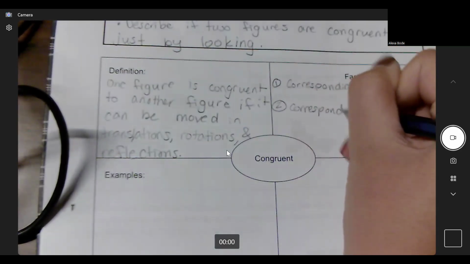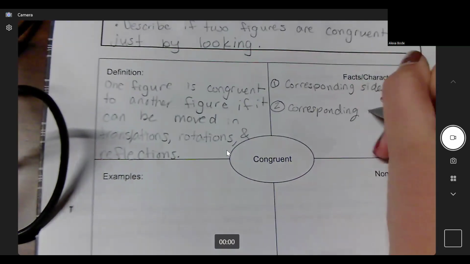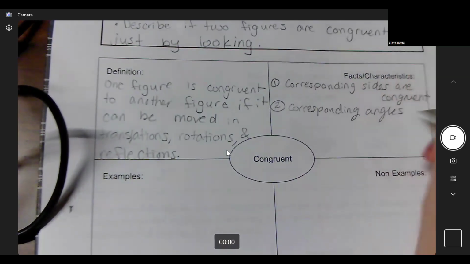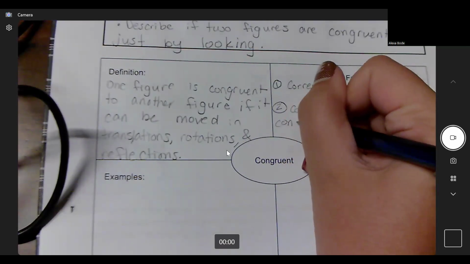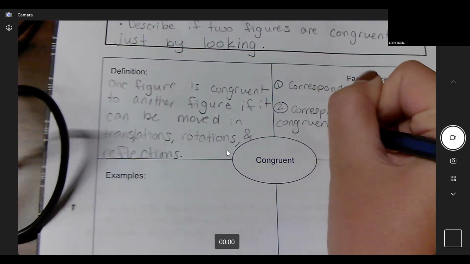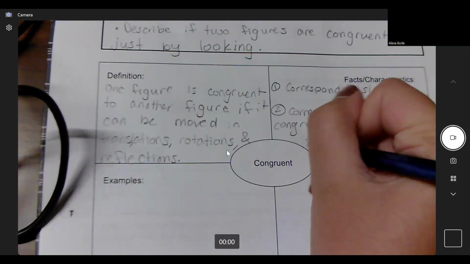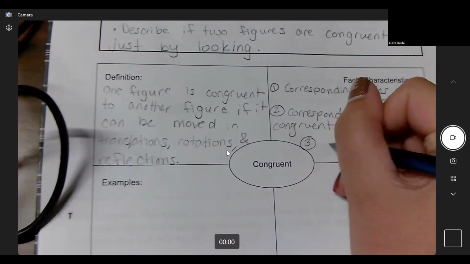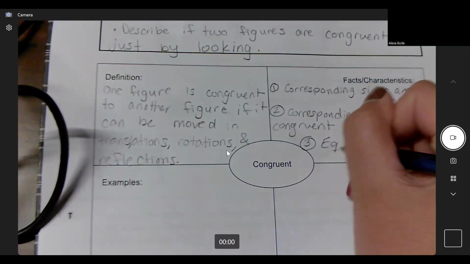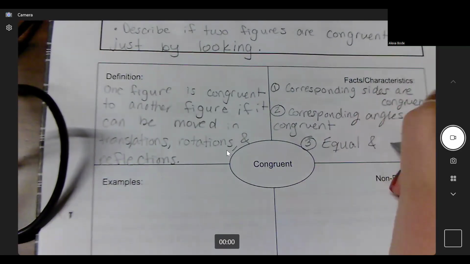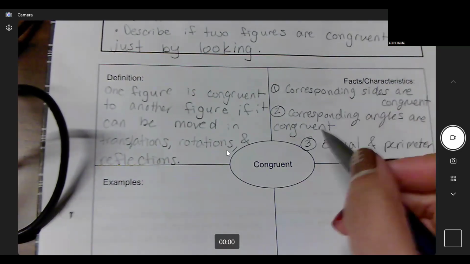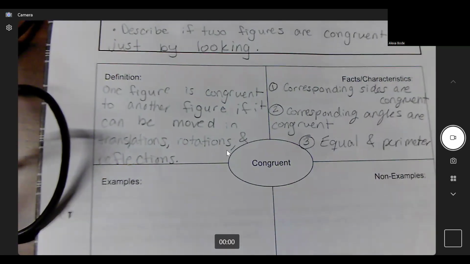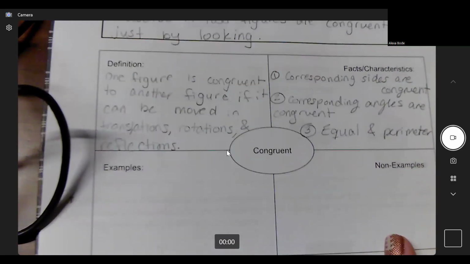Corresponding angles are congruent. And lastly, equal area and perimeter. So you have to have these three things in order for the entire shape to be congruent.